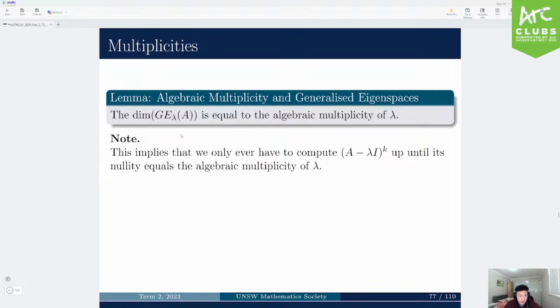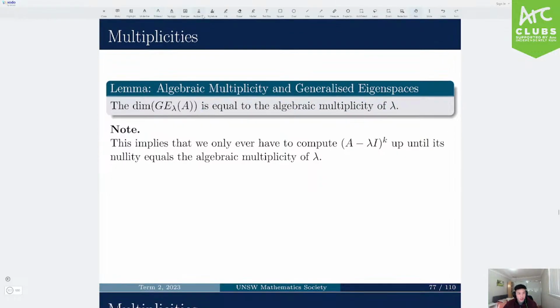And a quick lemma here: the dimension of the generalized eigenspace corresponding to eigenvalue λ is equal to the algebraic multiplicity of λ. Before, in chapter 6, you had the notion that the geometric multiplicity, which was the dimension of your eigenspace, was less than or equal to the algebraic multiplicity.